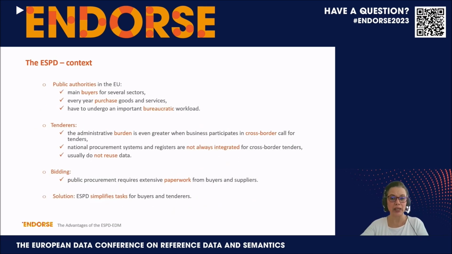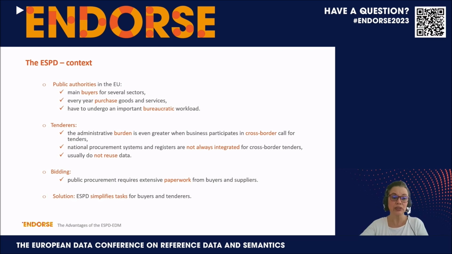So we have two main actors. Public authorities in the European Union are the main buyers for several sectors such as energy, public health, and so on. Every year they purchase a very big amount of goods and services, which includes a very heavy workload in bureaucracy.